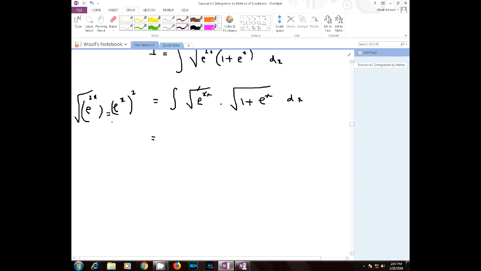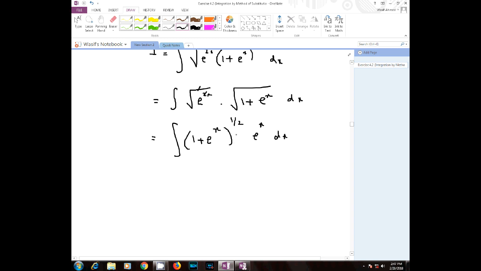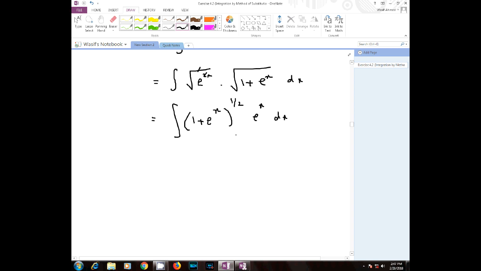Therefore, when you take the square root, you're left with just e raised to the power x. So apply it just here. You will get 1 plus e raised to the power x whole power 1 by 2 multiplied by e raised to the power x dx according to the commutative law of multiplication.